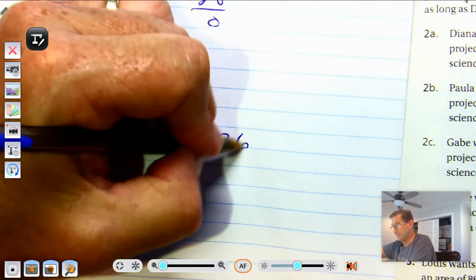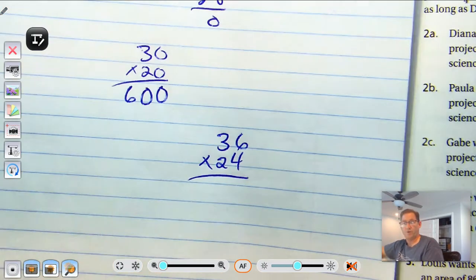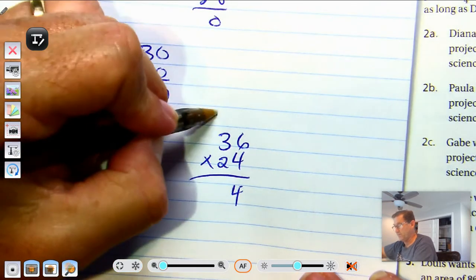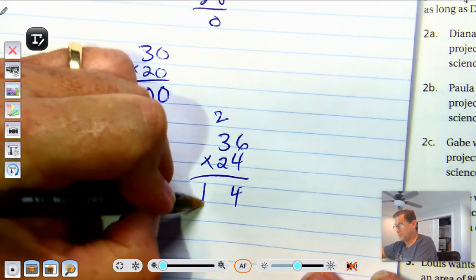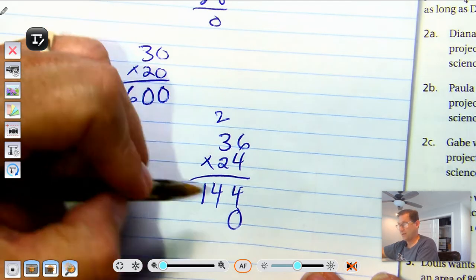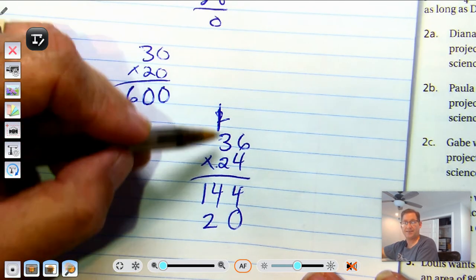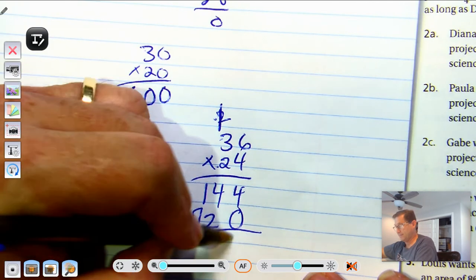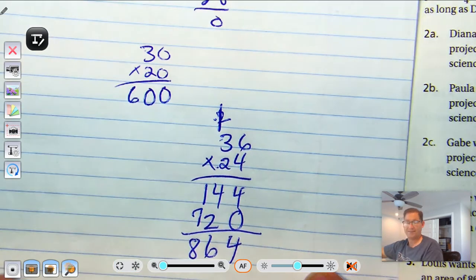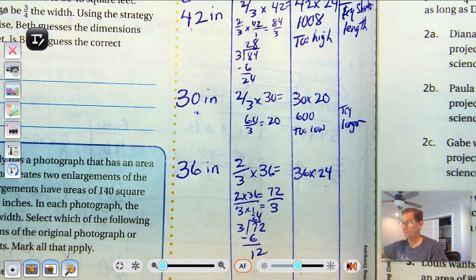36 times 24. 6 times 4 is 24. 4 times 3 is 12, plus 2 more is 14. 2 times 6 is 12. 2 times 3 is 6, plus 1 more is 7. 864. That's what we want.